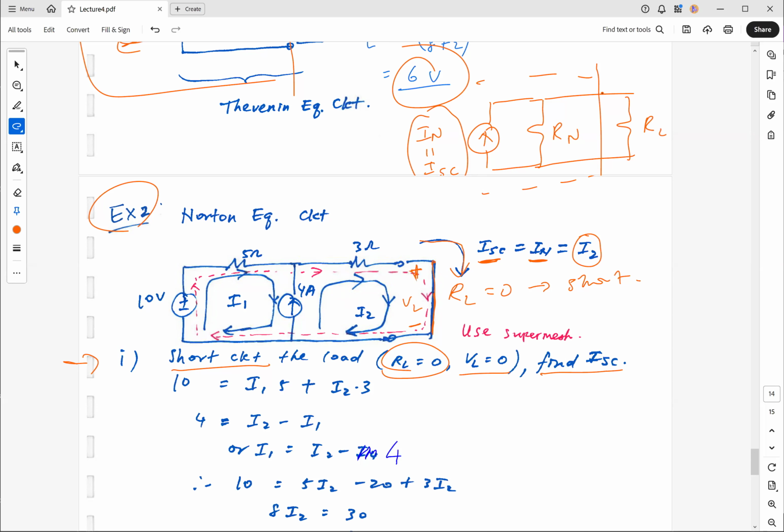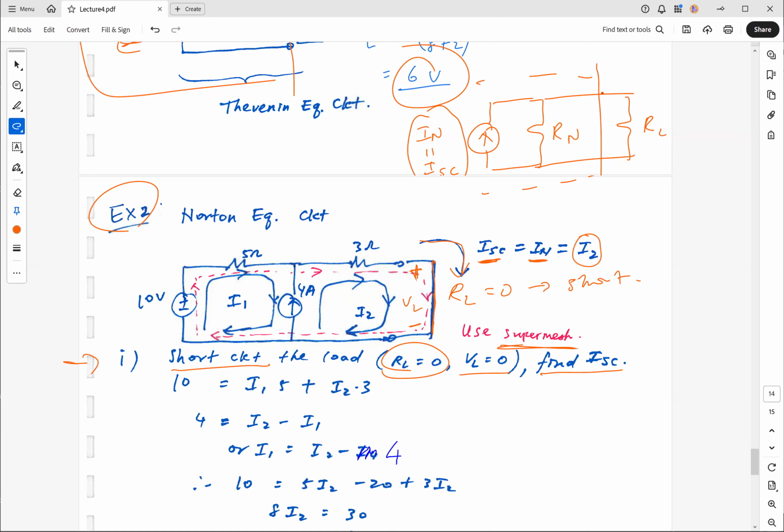If you look at this circuit, I have this 4 mA current source stuck between two loops, so that indicates that I have to use supermesh. I have a shared current source between the two loops, I1 and I2. So now I have to use supermesh.